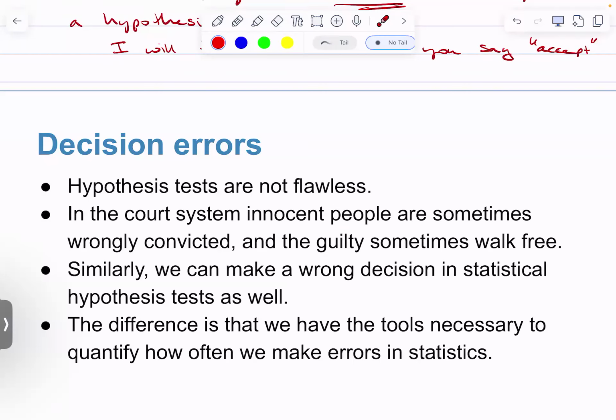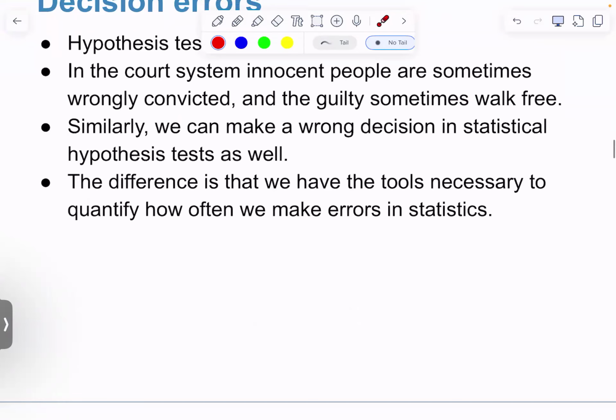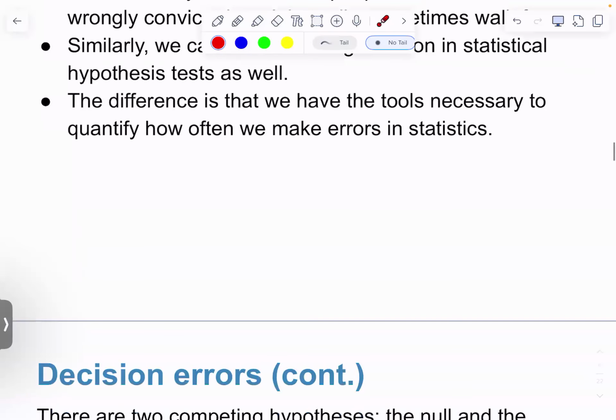And so those would be decision errors, right? You found evidence that someone should be convicted when they shouldn't, or you didn't find evidence that they should be convicted when you should have. The difference is that we'll have a way of quantifying these errors.